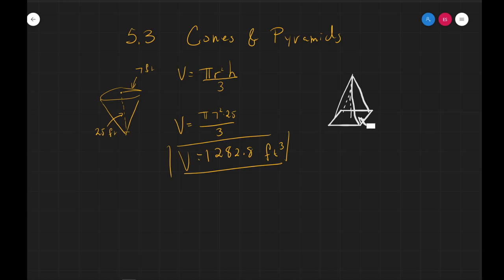Just like with our cone, if we make a rectangular prism, our pyramid-type object fits inside this rectangular prism.